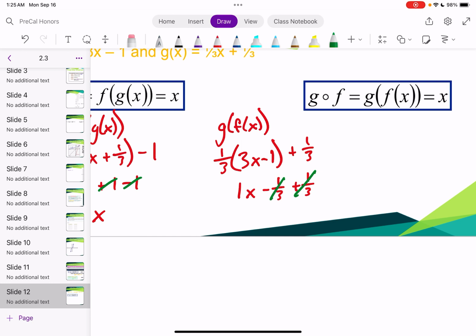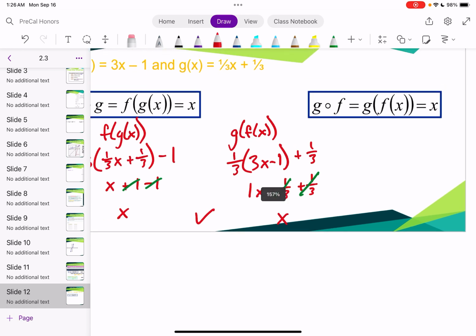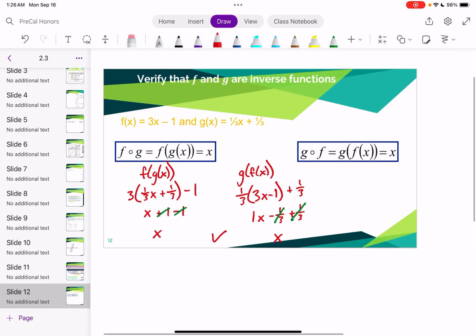Positive 1/3 and a negative 1/3 cancel off, and we end up with a final value of x. In this case, they are both inverses of each other because both f of g of x and g of f of x are x's, and are inverses of each other.